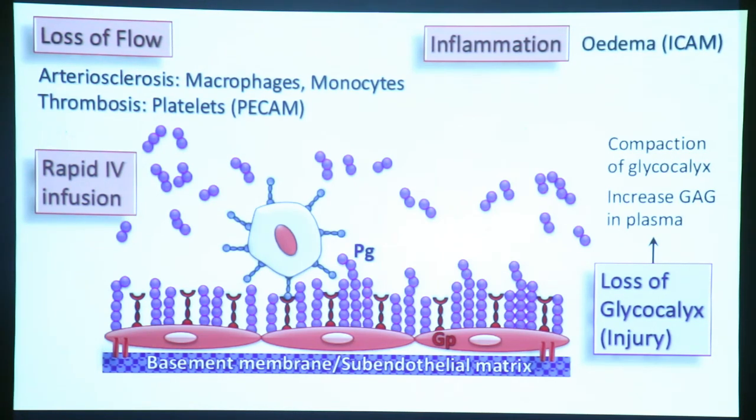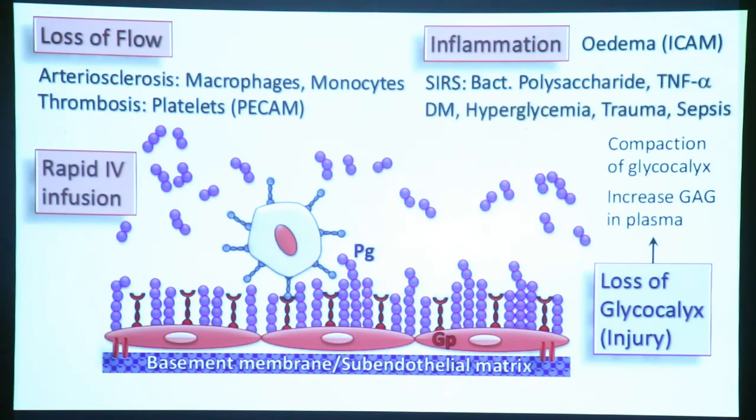Inflammation, there will be disruption of glycocalyx. It will lead to increased permeability, and through the ICAM molecules, because the neutrophils are coming there producing microinflammation, it will cause edema. So this occurs with bacteremia, polysaccharide, TNF-alpha molecules, diabetes, hyperglycemia, trauma, sepsis. All of them produce inflammation of this area and cause edema.